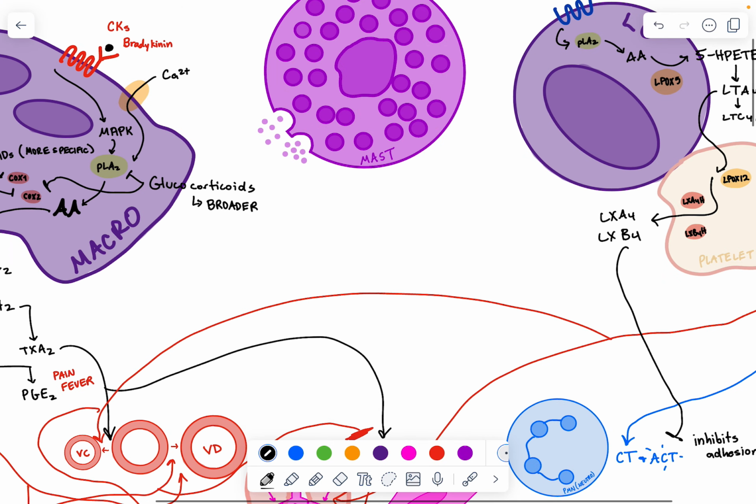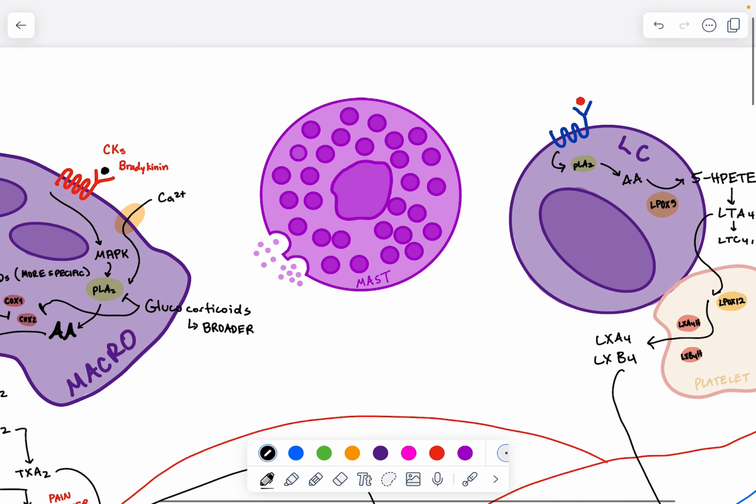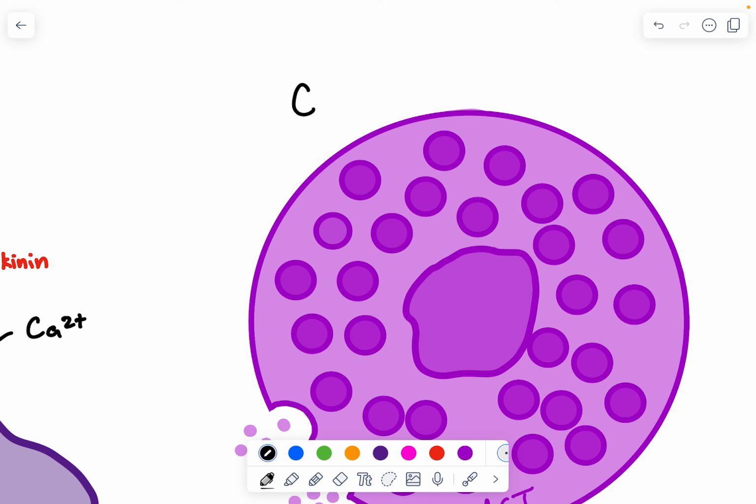Without further ado, I wanted to introduce the last part of this video, which is the secretion of histamine and serotonin. These are mostly secreted by mast cells, and the release of these vesicles is really a result of cytokine activation.